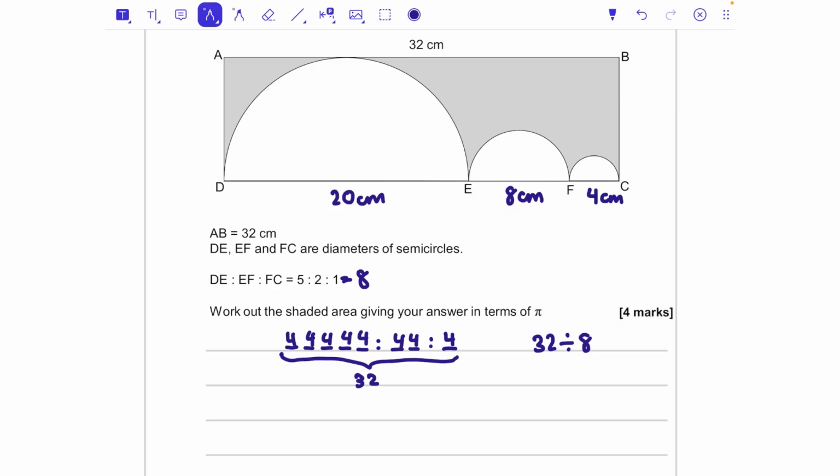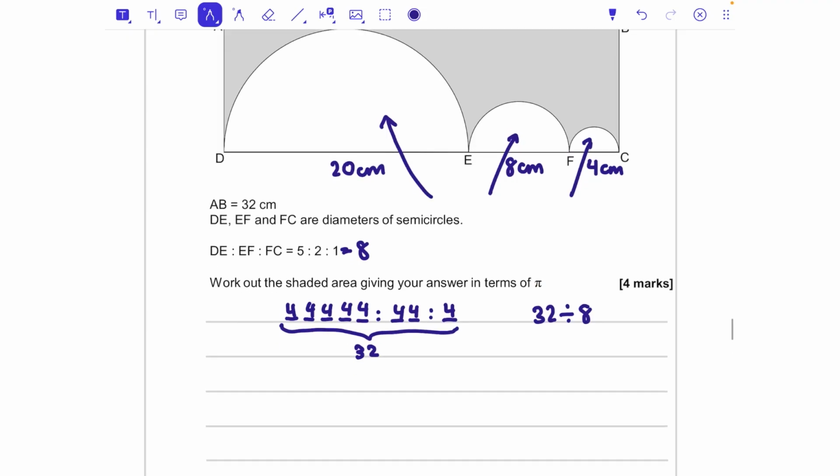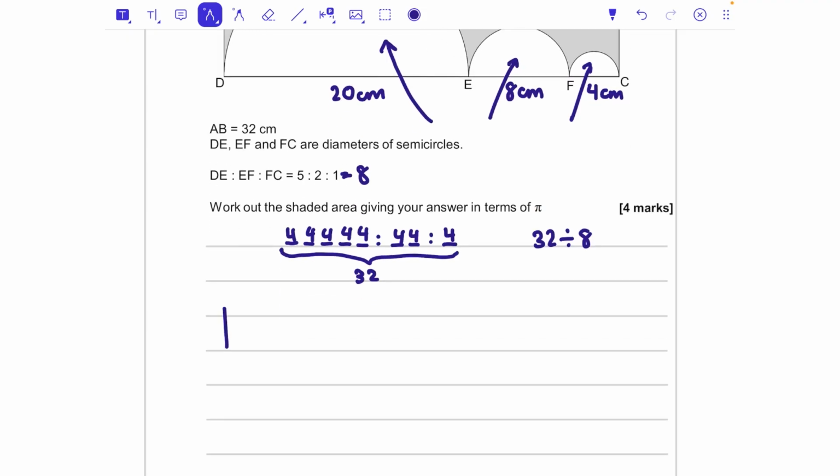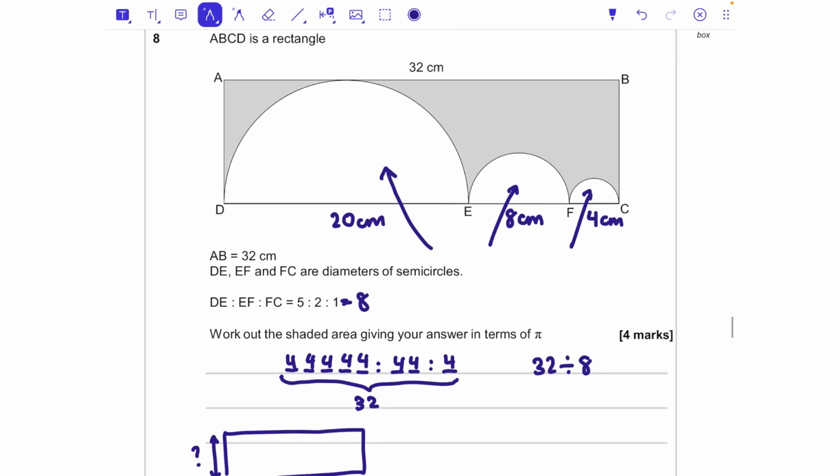So I now know that the diameter of each of the circles is 20, 8 and 4 respectively. I would like to know the area of each of these white bits so we can take it away from the area of the whole thing in order to get just the grey bit. Now, the entire rectangle, we know that it is 32 long. But how tall is it? We don't have that given to us. Let's have a look here.